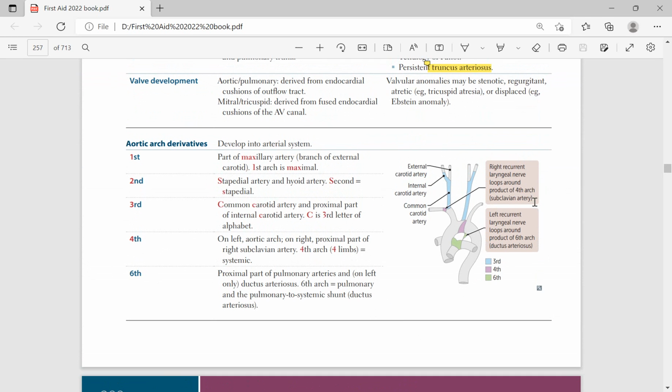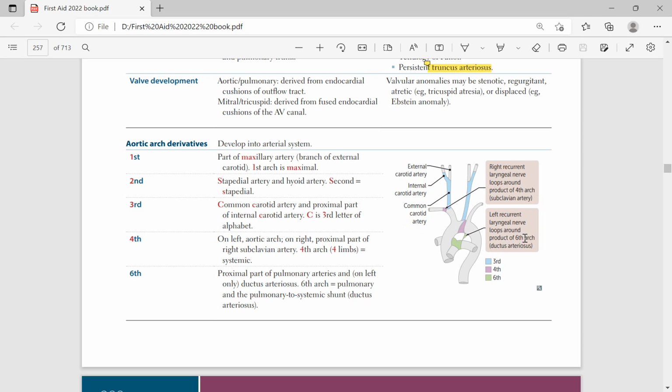And a tricky question: the right recurrent laryngeal nerve loops around the derivative of the fourth arch. The right recurrent laryngeal nerve is a branch of the vagus nerve, which is parasympathetic, and loops around the derivative of the fourth arch.